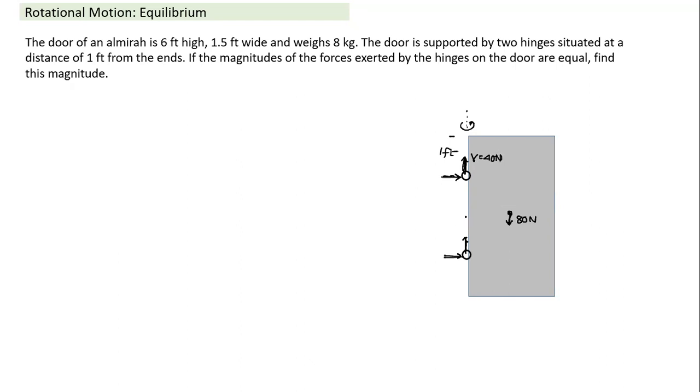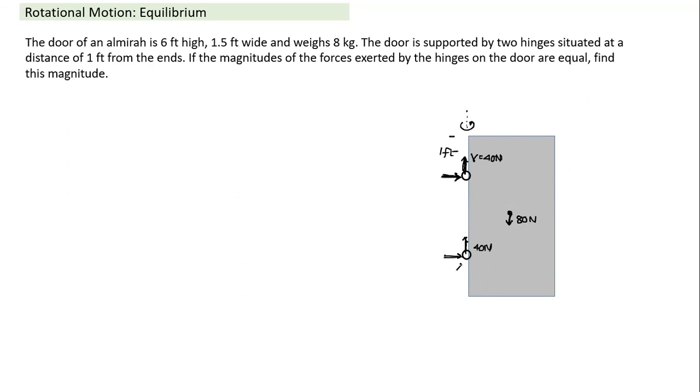So the vertical weight is evenly supported by the vertical reaction on the hinges. Now, the horizontal part: the magnitudes have to be equal, but is it possible that both can act in the same direction? Impossible. If both act in the same direction, the net force becomes horizontal. So for the magnitudes to be equal, both have to act in the opposite direction. There are other reasons also, because of rotation, they have to act in the opposite direction.